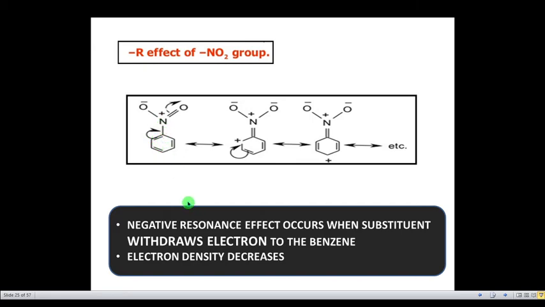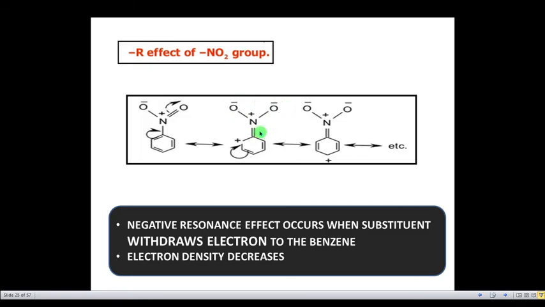As we know, because of the electronegativity, these groups withdraw electrons. So the pi electron is shifted towards the C double bond N, so that C double bond N forms. Since it is accepting, it becomes a positive charge, and the negative charge is transferred through the displacement.